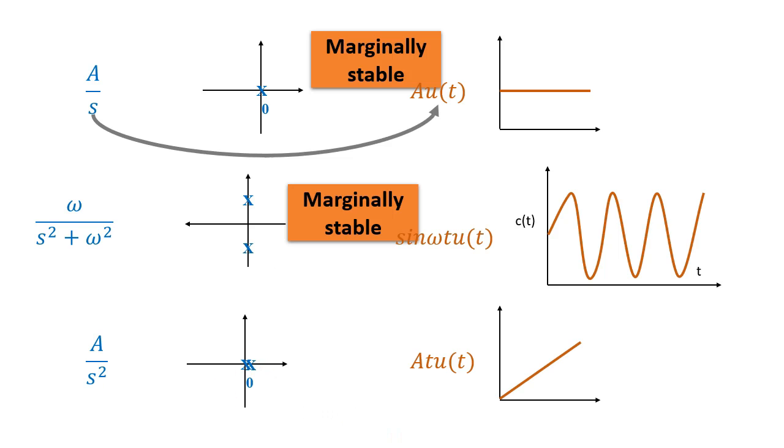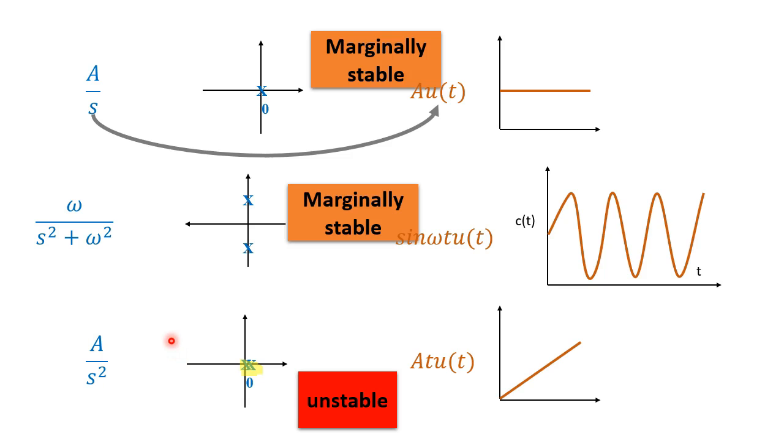In case of repeated poles only, wherever we find repeated poles, the system will be given as unstable, because as you can see, the response is approaching infinity. So it will be given as an unstable system. Remember this again: whenever there exist repeated poles, either on the left side, right side, or at this line, the system will instantly become unstable.